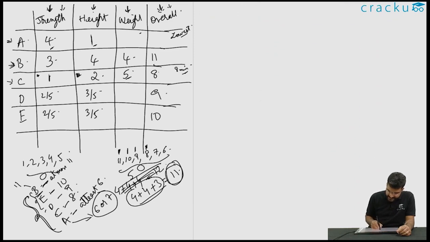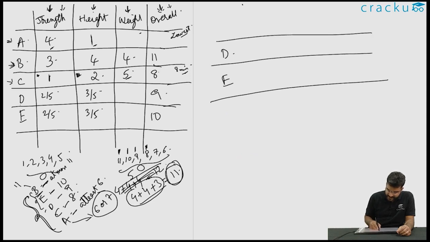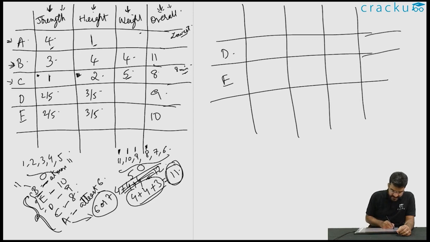Possibility 1 is that if you are looking only at Dinesh and Ehsan, if you are assuming that Dinesh scored 2 in strength, this would imply that Ehsan scored 5 in strength because those are the only two which are left. Now Ehsan cannot score 5 in height because if he had scored 5 and he would have scored at least 1 in weight, his total would become 11. But we know that Ehsan's score is only 10. So he can't score 5 in height.